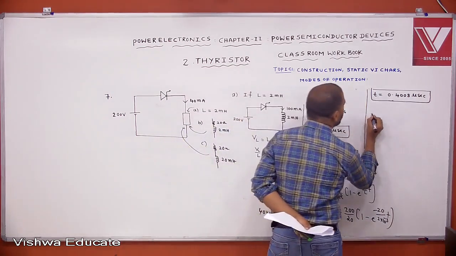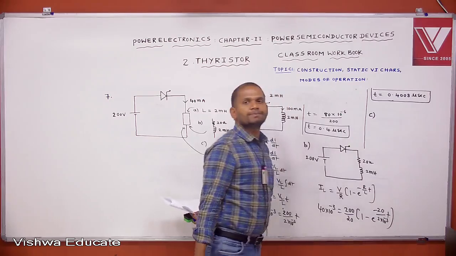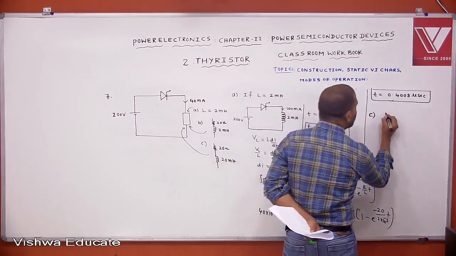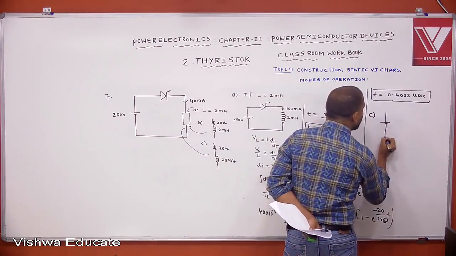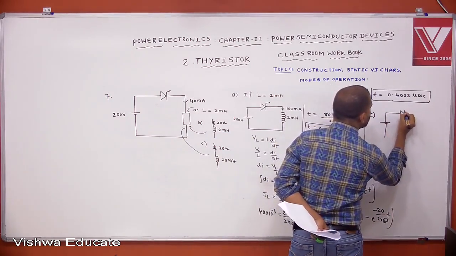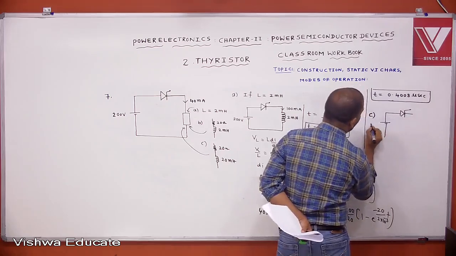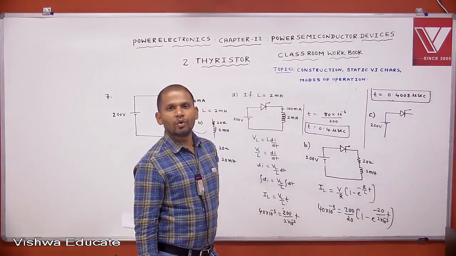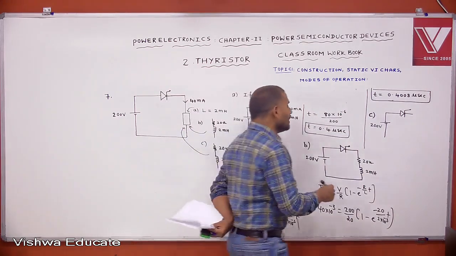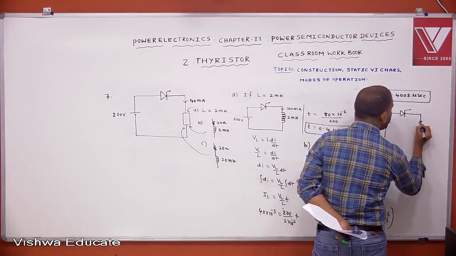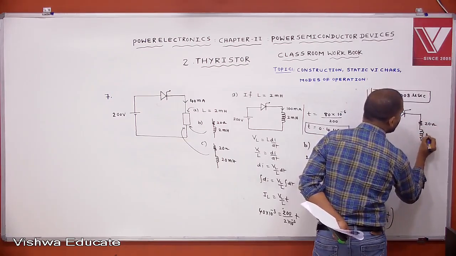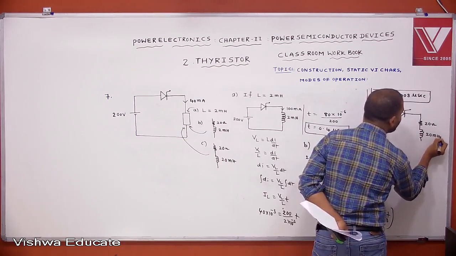Then the third one, concentrate on C. Given the same thyristor, supply voltage is 200 volts. Here it is connected 20 ohms as it is, but instead of 2 millihenry, you take the inductance as 20 millihenry.